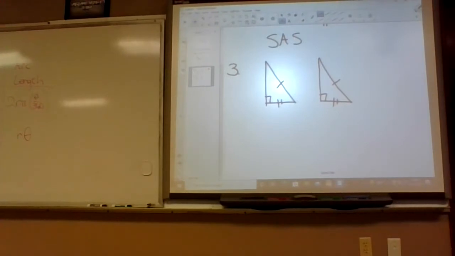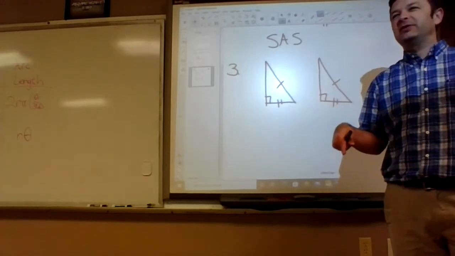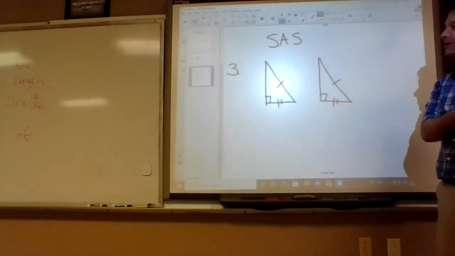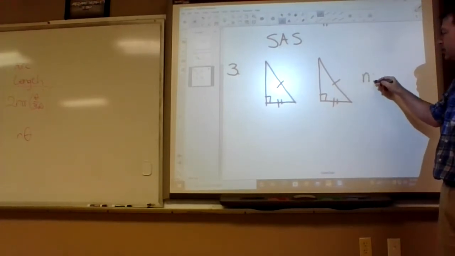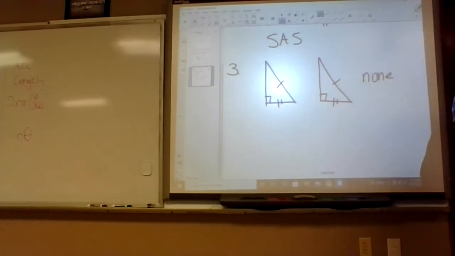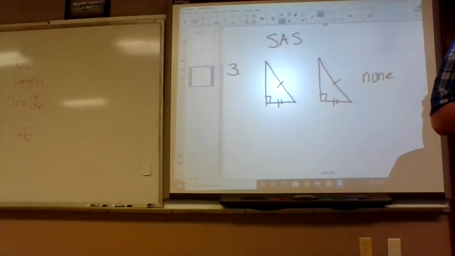What's hypotenuse, leg called in the other things? Side, angle, but that wasn't one of them. So on this one we're supposed to put none. Hypotenuse, leg is the only one that doesn't have a normal thing to go with it. It's the only new thing.